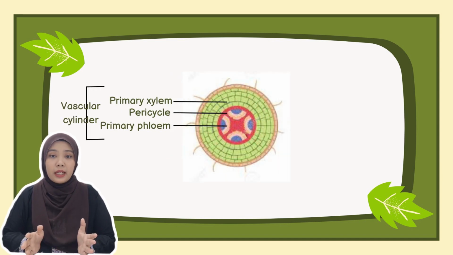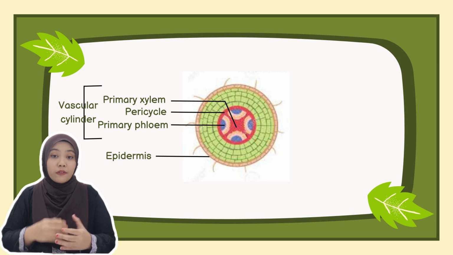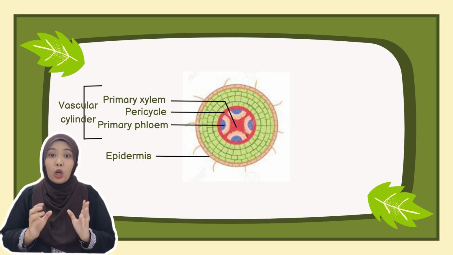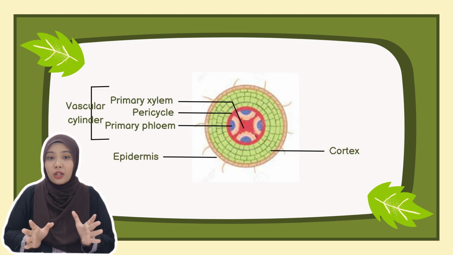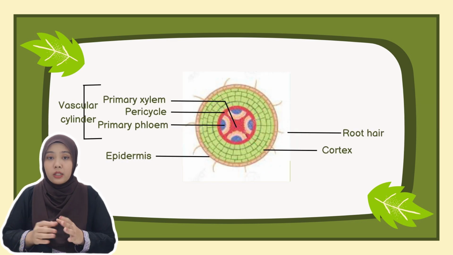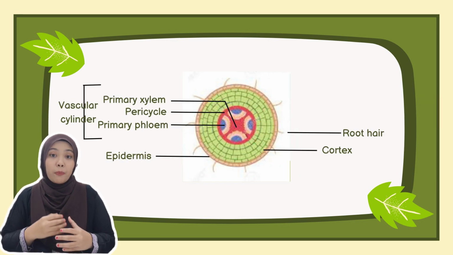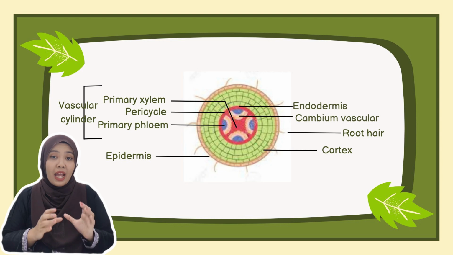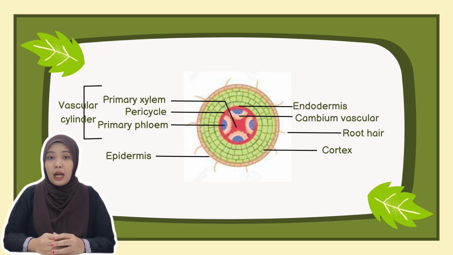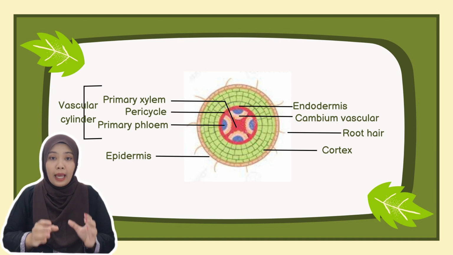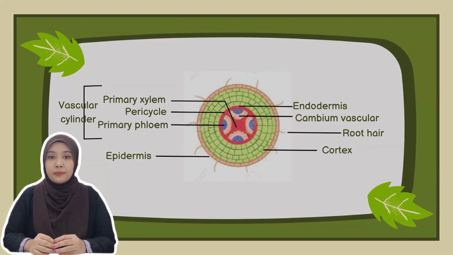Next, the outer layer is the epidermis. After the epidermis, there is the cortex. The hair-like structure is the root hair. The outer layer of the pericycle is the endodermis. And finally, the outer layer of the primary phloem is known as the vascular cambium.